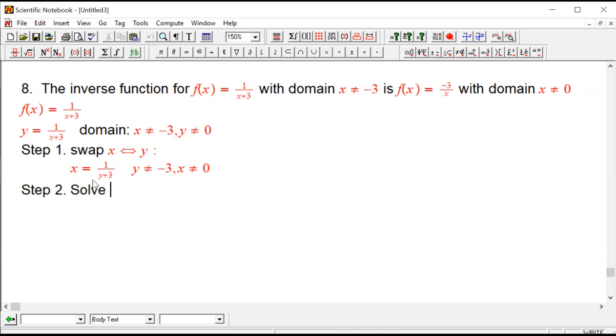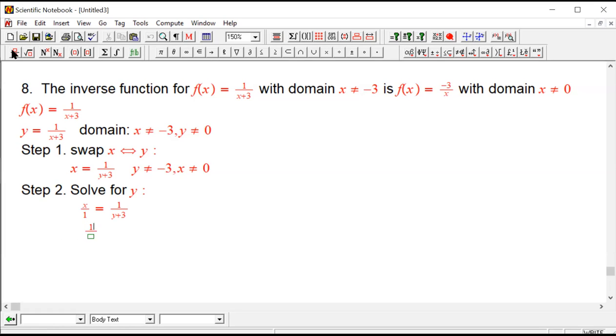Solve for y. How do we solve for y from here? That should be pretty straightforward. We're going to isolate y. We can see the left-hand side as x over 1, so we flip both sides.